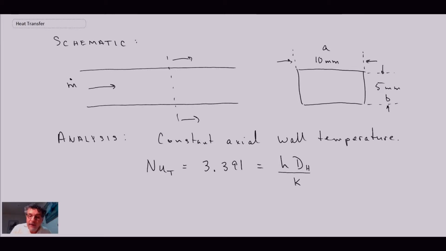And the properties, where will we evaluate the properties? Well, the property that we have to worry about is going to be k. Given that we're told we're dealing with a section of pipe where the mean or bulk temperature is 20 degrees C and the wall temperature is 60 degrees C, we will evaluate our properties at the 20 degrees C value.